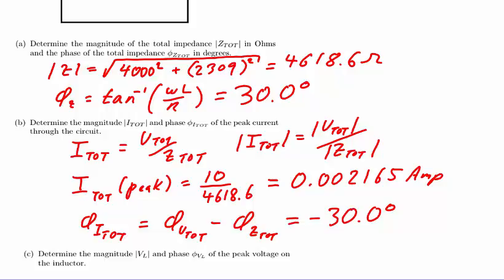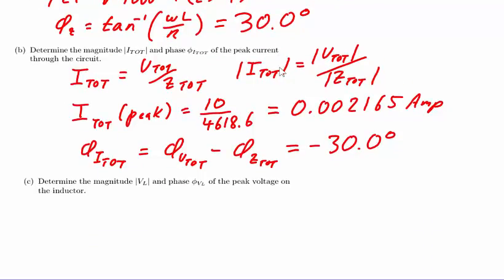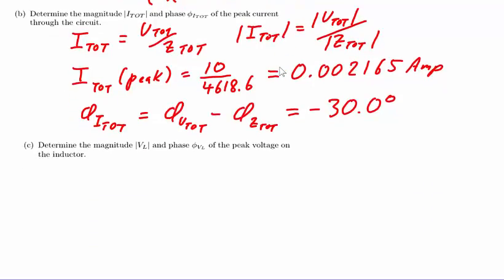Our final calculation before we begin the important new consideration regarding phase is to learn the magnitude and phase of the peak voltage on the inductor. The voltage on the inductor is the current through the inductor times the impedance of the inductor, and since the inductor and resistor are in series, they have the same current as each other, which is the same as the total current in the circuit.